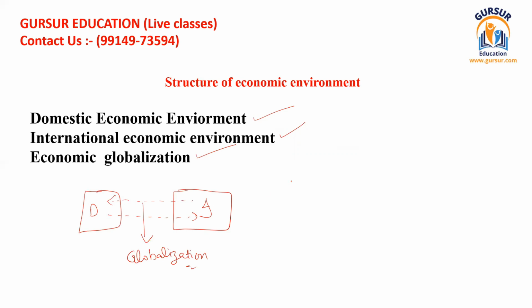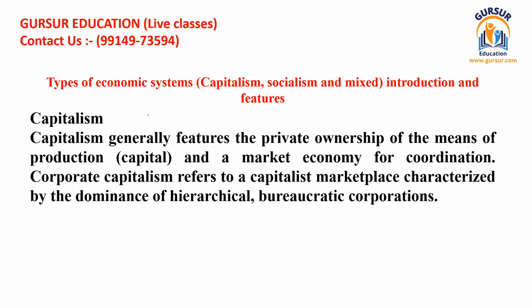Now we shall be talking about what kind of economic systems are prevailing all over the world. What types of economic systems are there? We are going to study these. The first one is capitalism. Capitalism is when all the means of production are owned by private entities only.